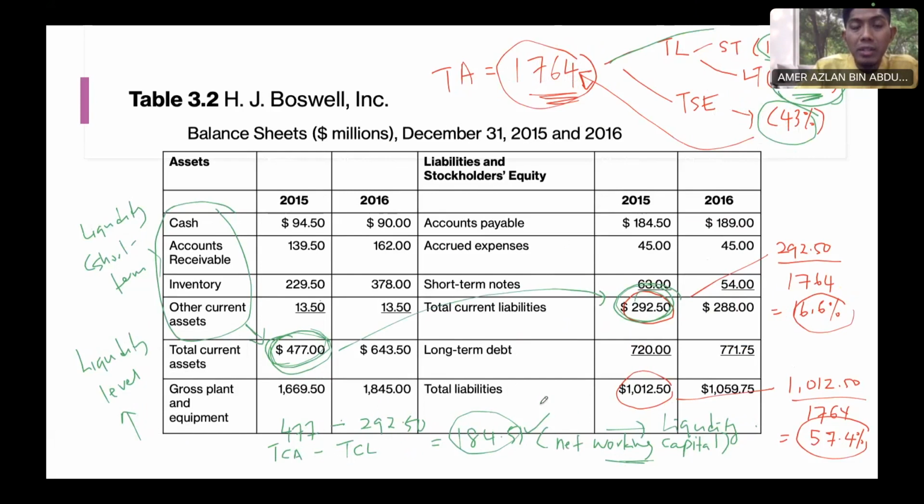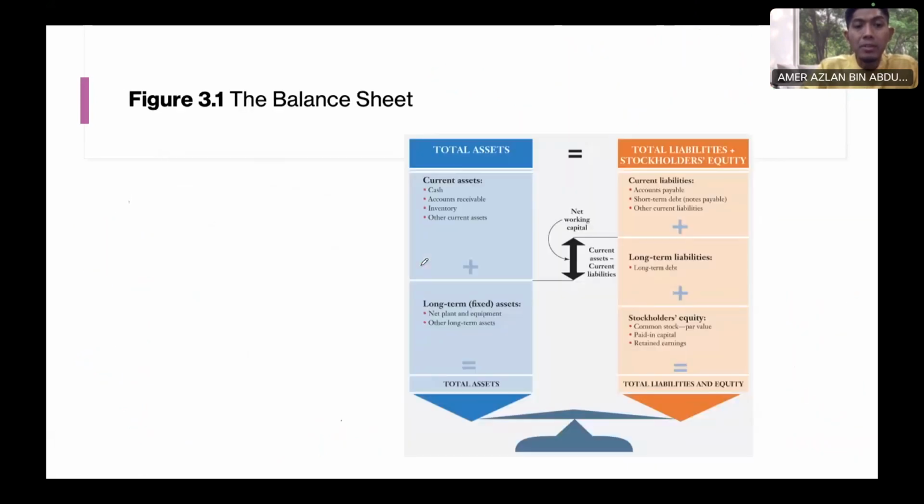A high liquidity level means the company has a sufficient amount of current assets to pay all of their current liabilities. The company has sufficient money to pay all of their short-term commitments. That is what liquidity talks about.